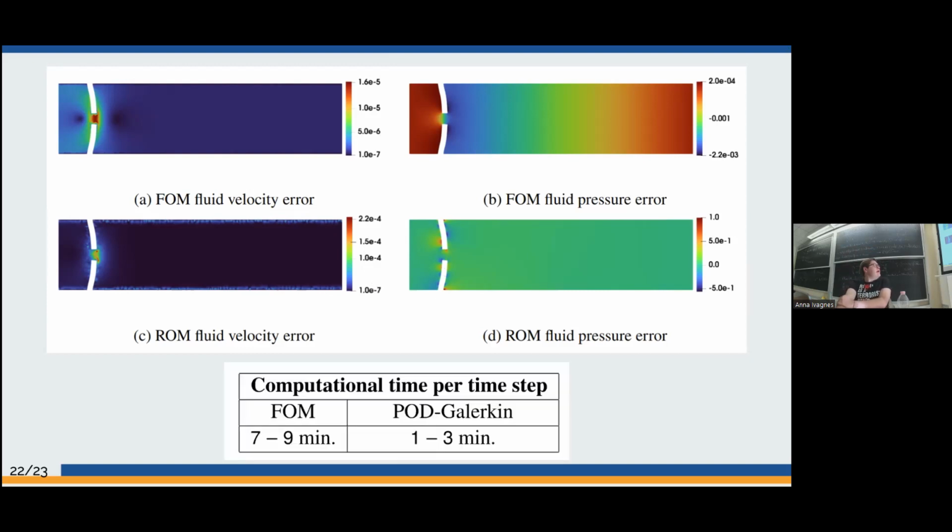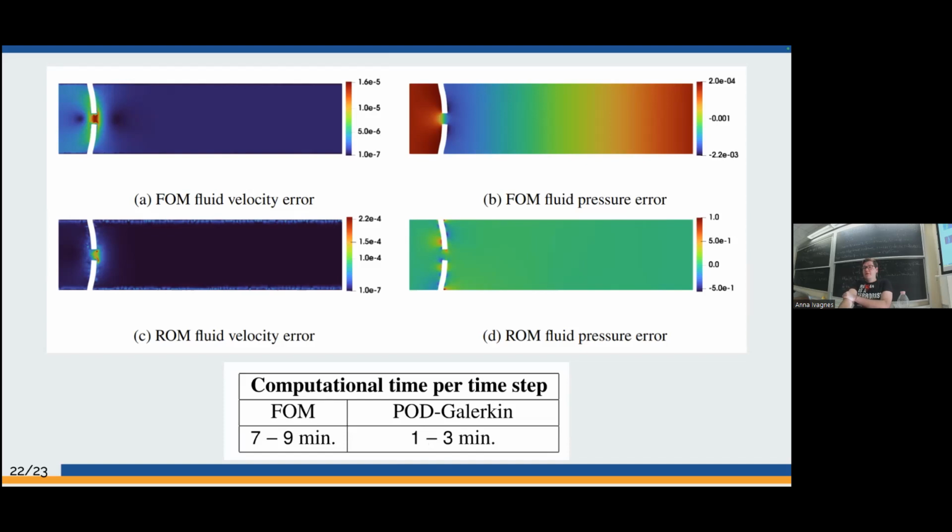Then we provide the computational time per time step, and on average we have 8 minutes in the case of the full order model, and from 1 to 3 minutes in the POD Galerkin case.